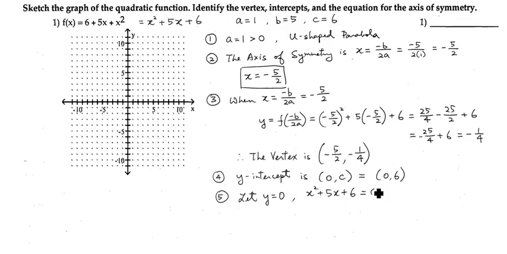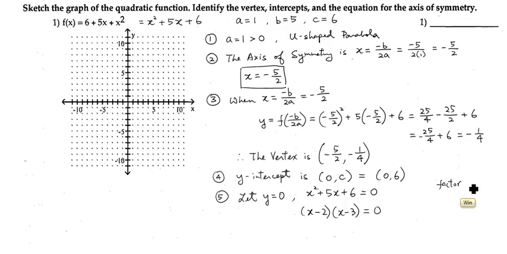If we can factor out the left-hand side, that will be great. So we got x minus 2 times x minus 3 equals 0. Well, indeed, we skipped a little bit of steps.